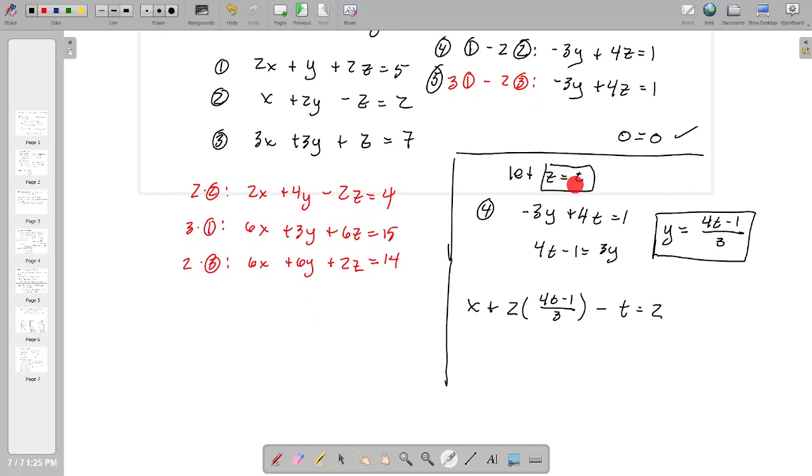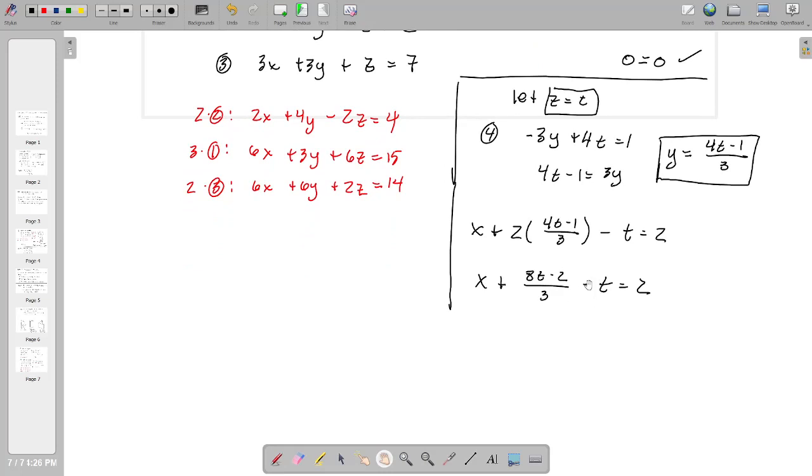So if you eliminated a different variable and you set x equal to t, then you're going to get a different solution than me. But if you use the same variable, set z equal to t, then you should get the same solution. So x plus 8t minus 2 all divided by 3 minus t is equal to 2.